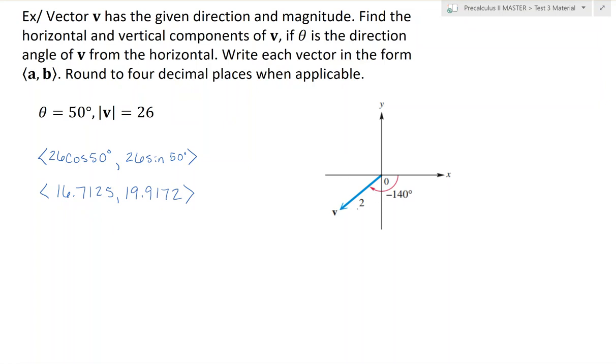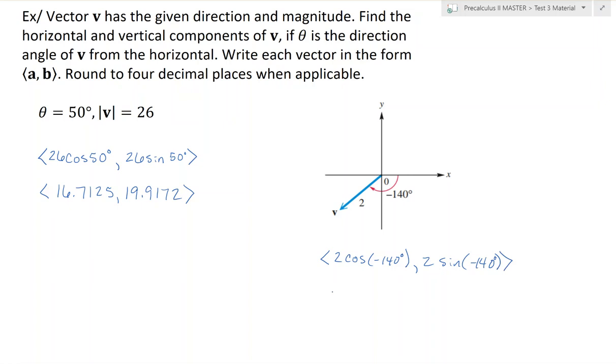Okay, and we have this drawing here. We have a negative angle. It doesn't matter if you put in the negative angle or the positive coterminal angle, so don't let that bother you. The magnitude of u is 2, so we're going to have 2 times the cosine of negative 140 degrees and 2 times the sine of negative 140 degrees in those angle brackets.